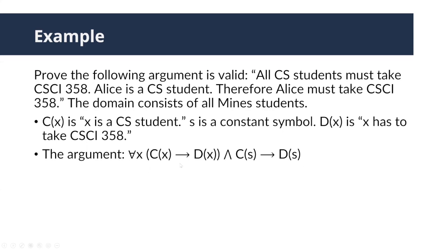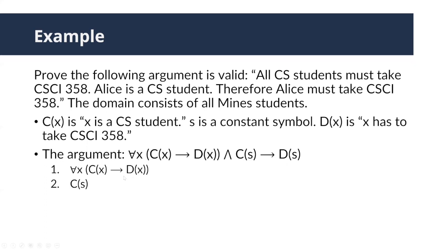How do we prove this argument to be valid? Even though this is the argument with predicates, we can still follow the steps as in propositional logic. If you still remember, step 1, we list both premises. Next, let's use backward thinking because the conclusion is D(s). And if you look at these two premises, only the first one has the D predicate in it, even though we don't see s in it. But that's where we're going to use universal instantiation.